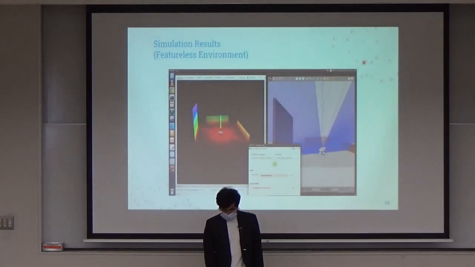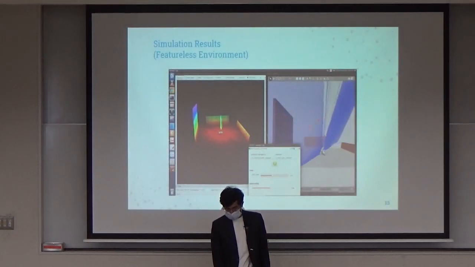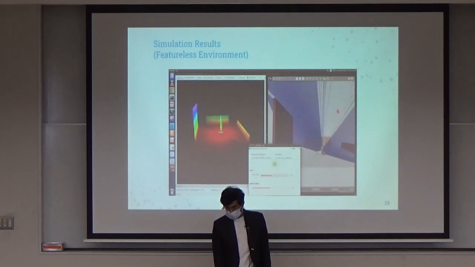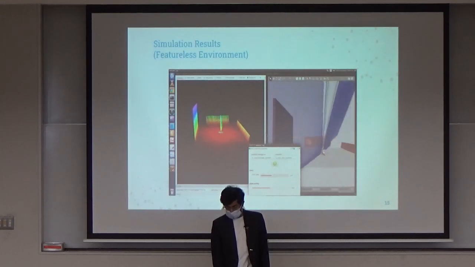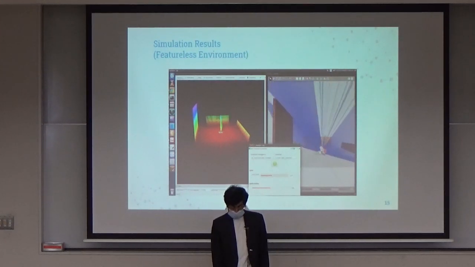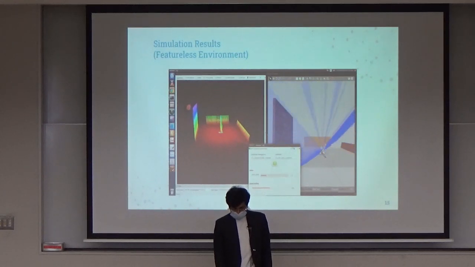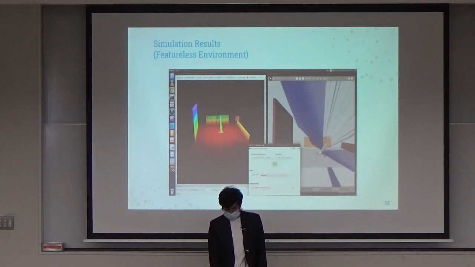Here are the results of our simulations, where on the right-hand side we can see the Gazebo window where a crane is placed in an environment having only walls, and the sensor is attached on the boom of the crane and the LiDAR base is continuously rotating. On the left-hand side we see a 3D map which is built while the crane is performing some task.